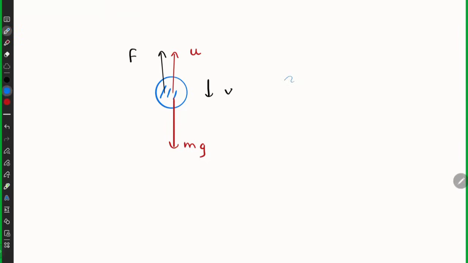Well, the resultant force now is going to be mg minus U minus F. That resultant force is equal to ma. Right? So then, can you tell me what is the acceleration equal to? You just have to divide by the mass m on all sides. Then what do you get? mg minus upthrust minus the viscous force divided by the mass m gives you the acceleration a.